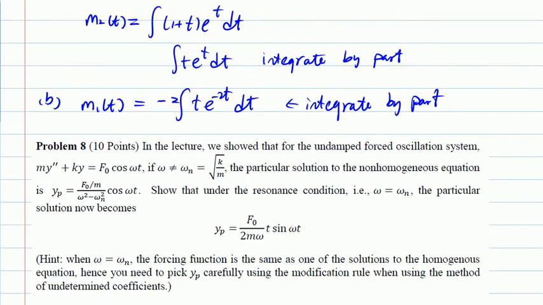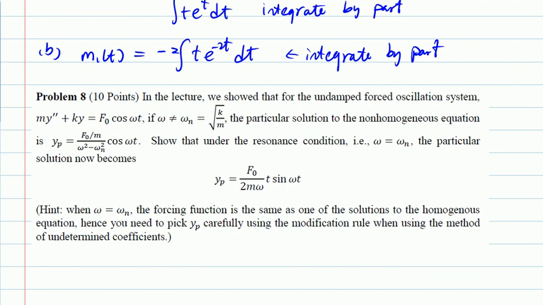Problem 8 we haven't covered in class, but you actually can solve it. There are just no numbers there. If I plug in a number here, I'm sure you'll be able to solve it. This is a typical second-order system.